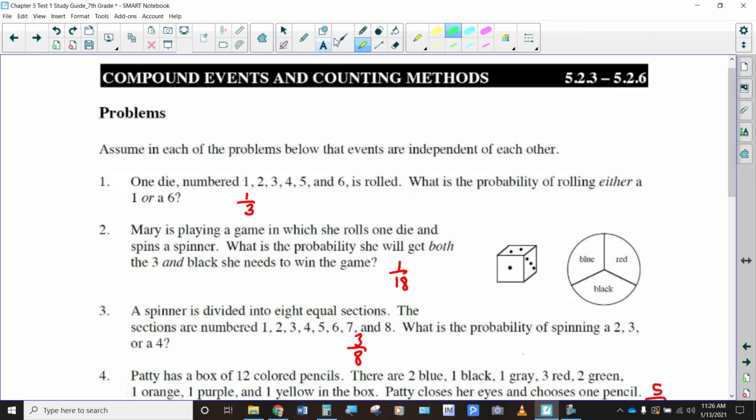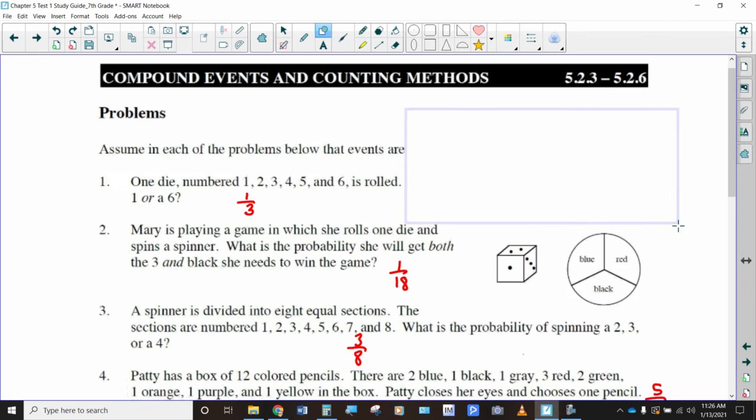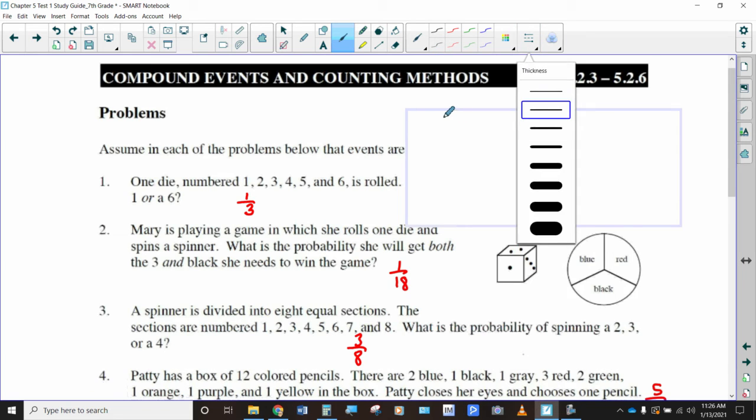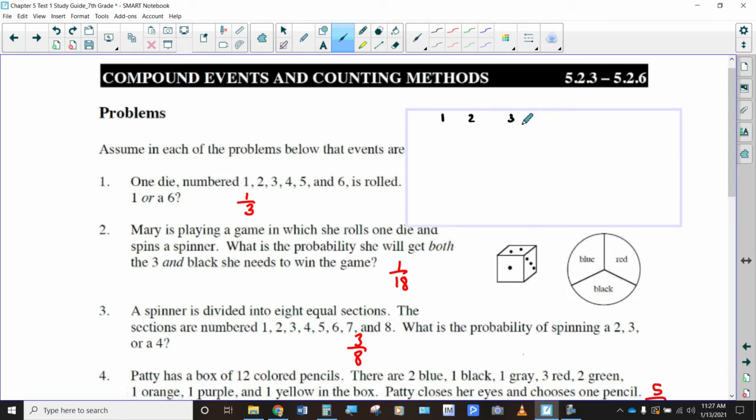Now, I'm going to go ahead and do the whole probability table here. Let me do it with black. And so we'll put all the numbers across the top. So you get the number 1, 2, 3, 4, 5, 6. And now I will take and do something like this.